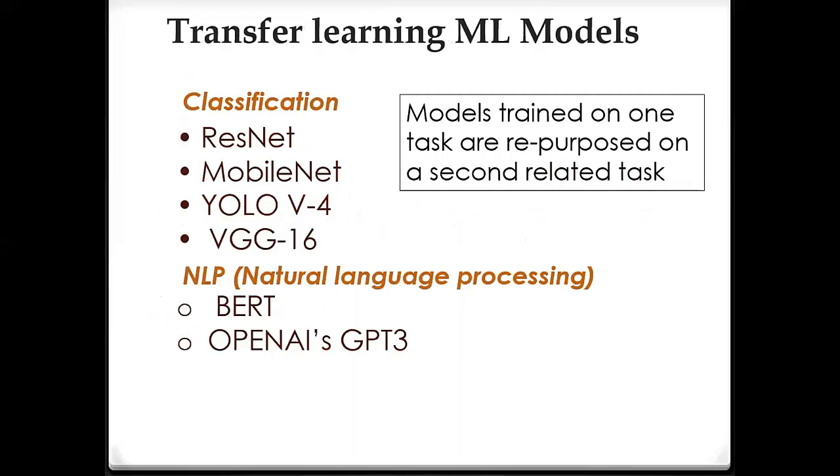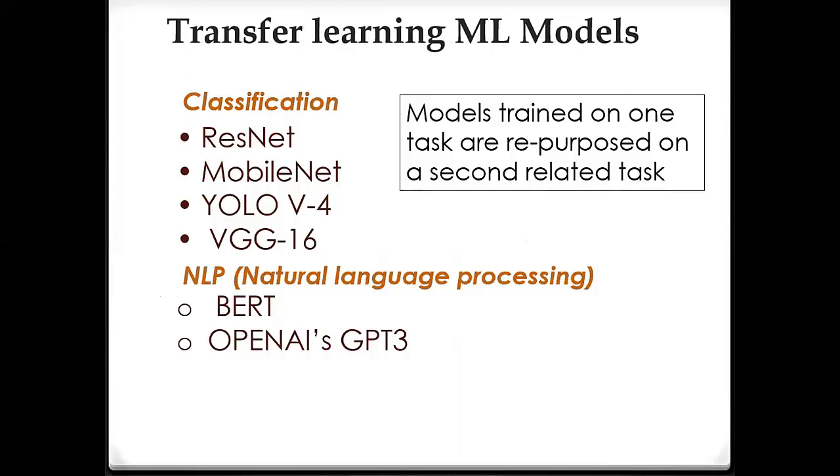So for transfer learning, like I said, sometimes when you do not have enough resources, bear in mind some models, such as convolutional neural networks or multi-layer perceptrons. You may have a data set, maybe for image classification, that is so big that you don't have enough resources to train.